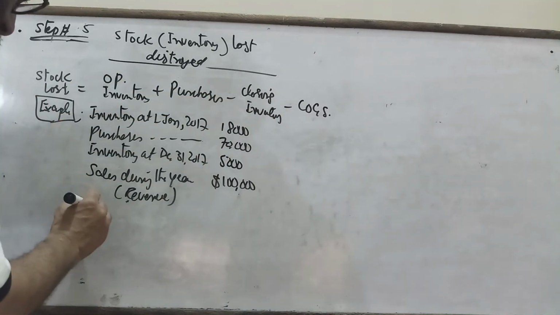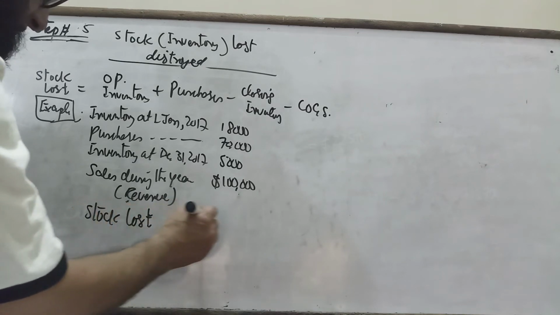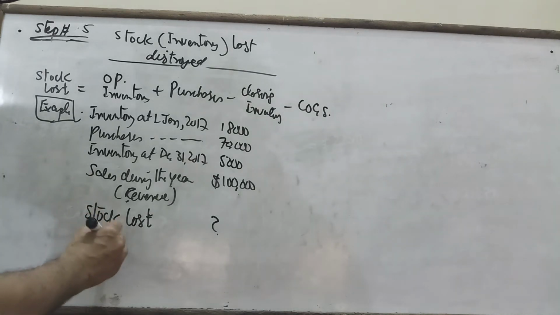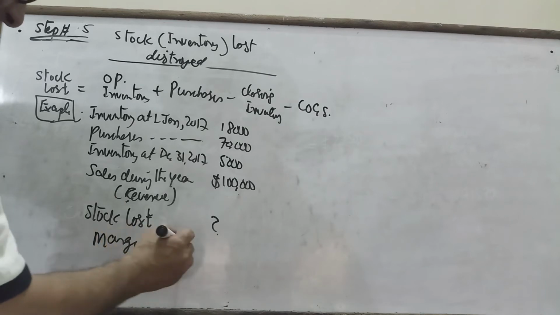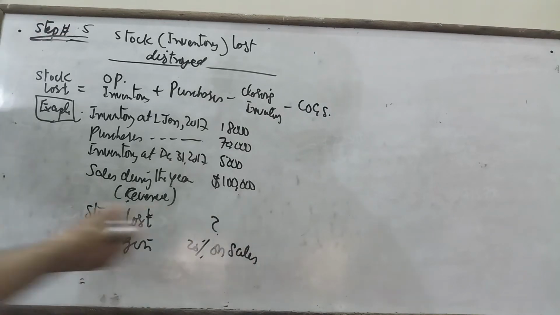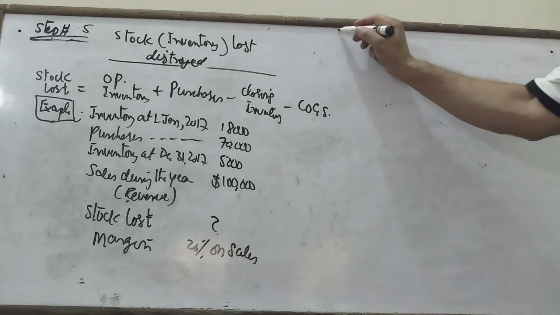So you are required to calculate the cost of stock lost. And a margin is given: 20% on sales, and we know that margin is always calculated on sales.